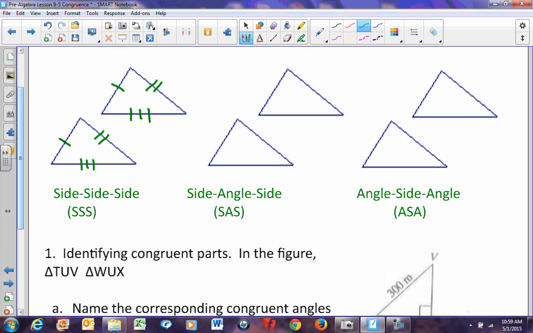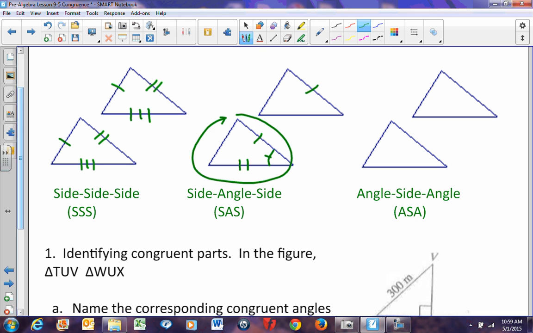You can have side, angle, side congruency. Side angle side congruency means you have 2 sides and the angle is sandwiched between the 2 sides, kind of like an Oreo cookie. If you were going to start at this vertex and go all the way around like this, you would have a side. The angle would be between the side, and then you'd have another side.